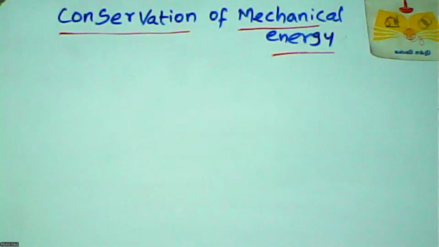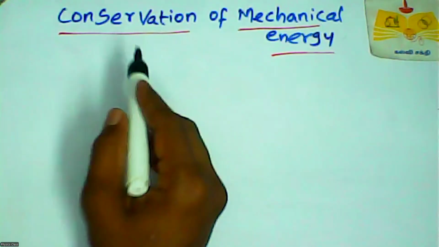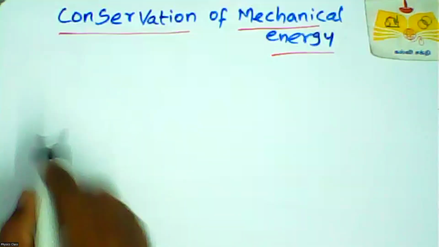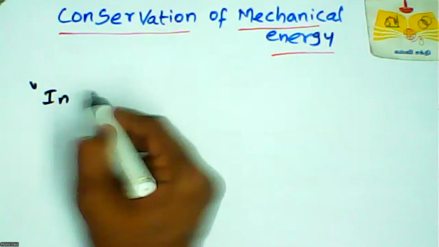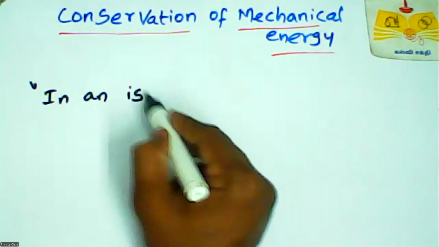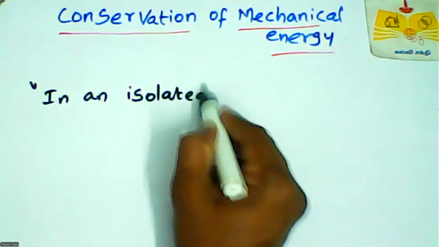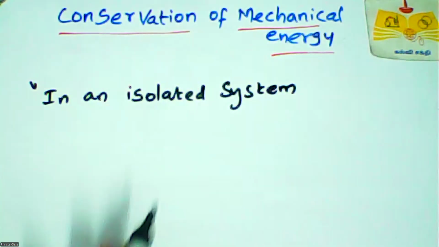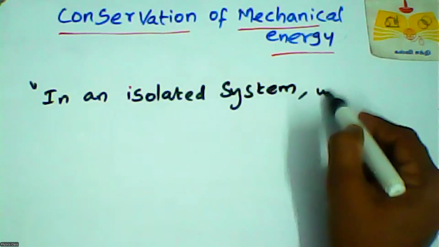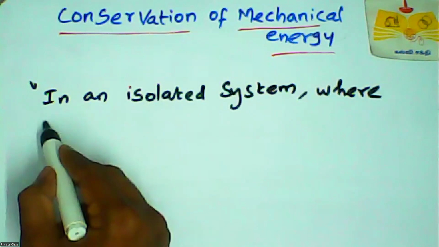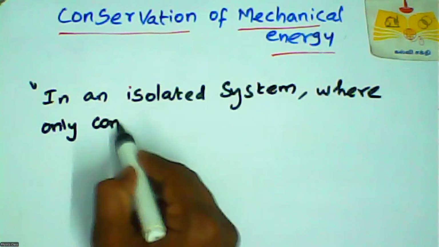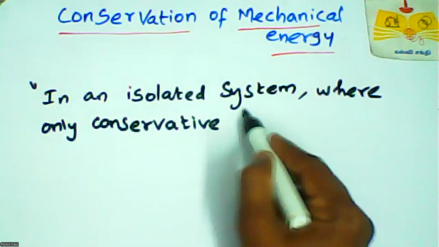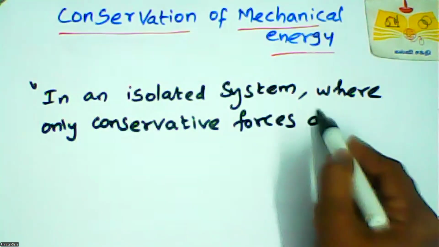Now, the law of conservation of mechanical energy is a fundamental principle. It states that in an isolated system, so isolated system means ideal system, where only conservative forces do work.